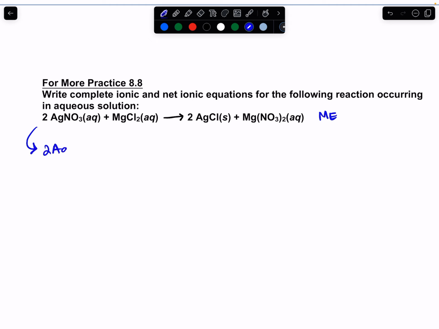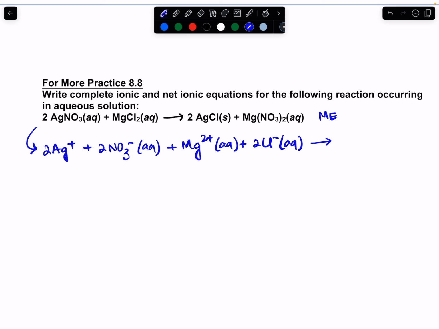So 2Ag plus (aq), 2NO3 minus (aq), plus Mg2 plus (aq) plus 2Cl minus (aq).